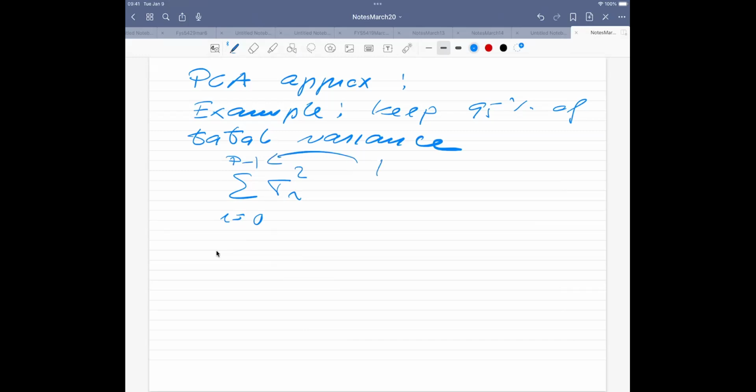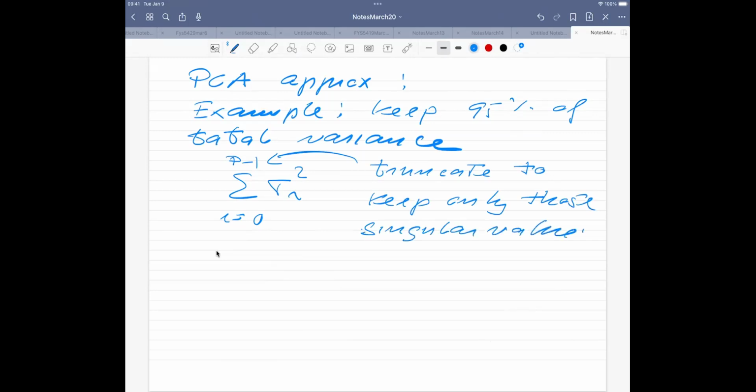So you truncate to keep only those eigenvalues or singular values which give 95% of the total variance.